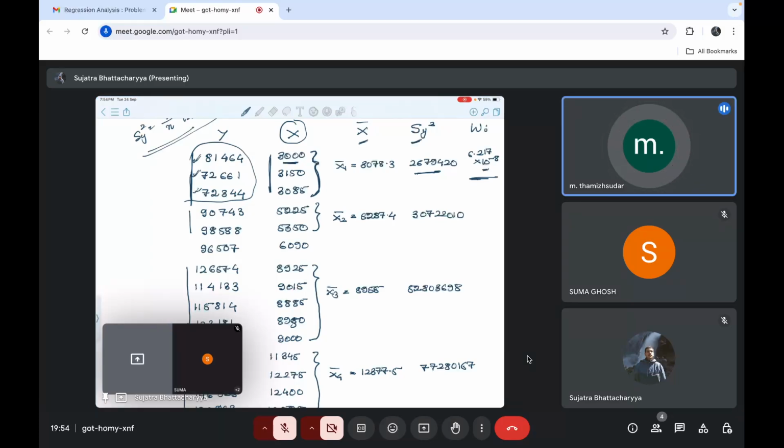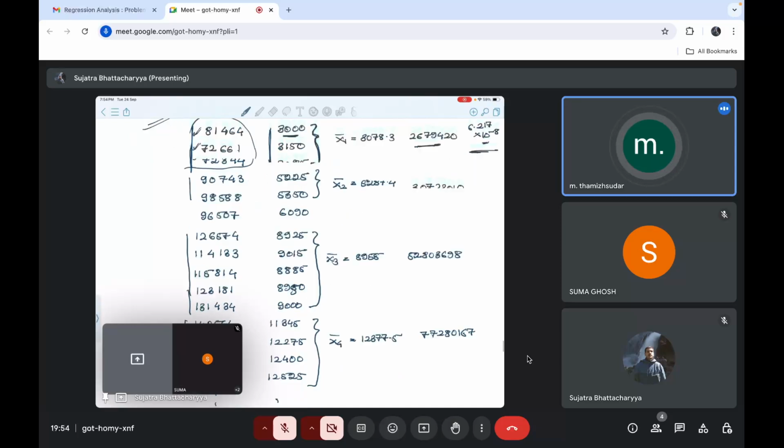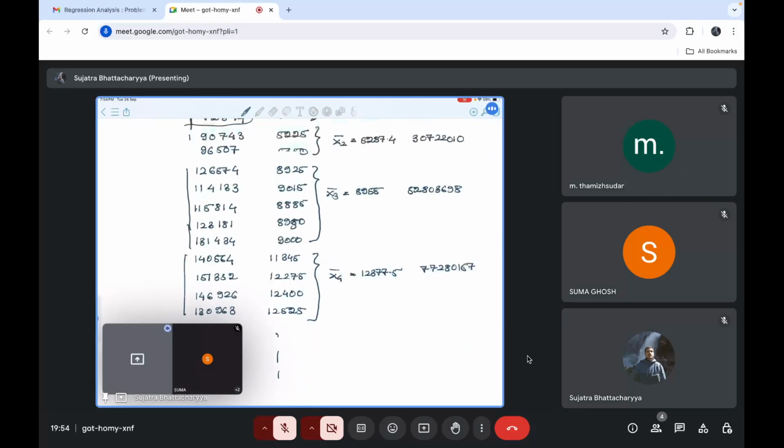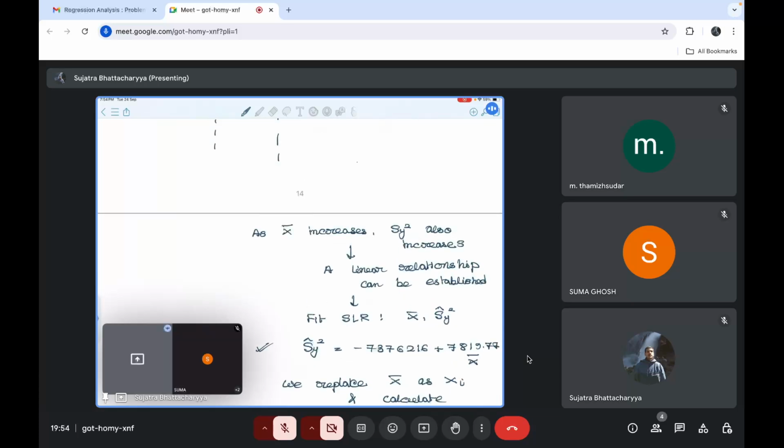Yeah. So you will have these kinds of points. Suppose now your x will be x1 bar, x2 bar, x3 bar, x4 bar, and so on. There will be many other observations, and corresponding sy square also you calculate.